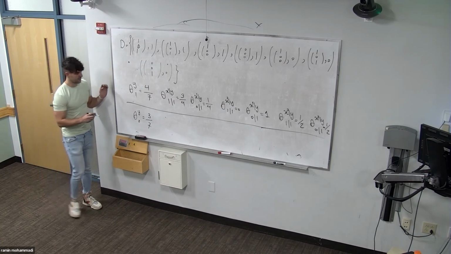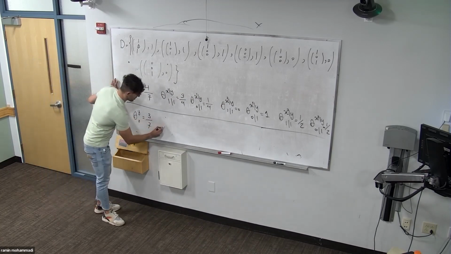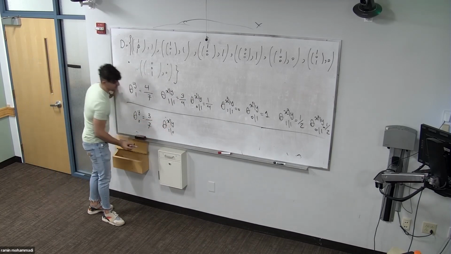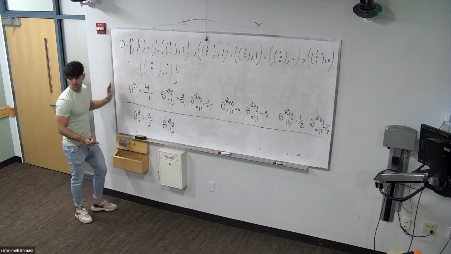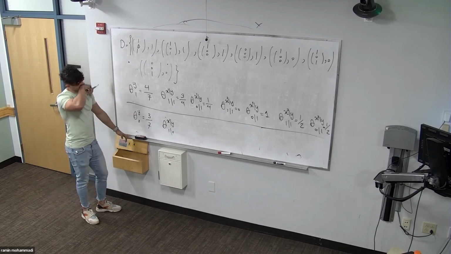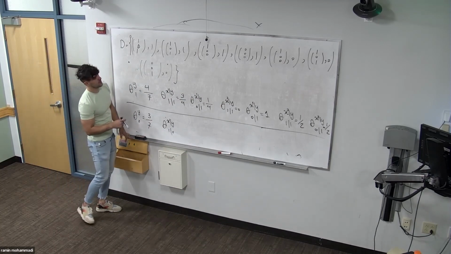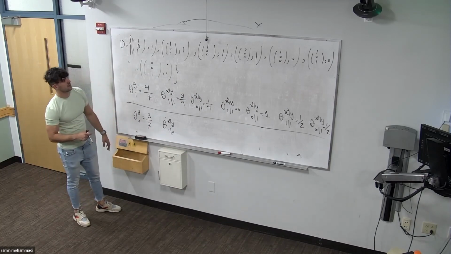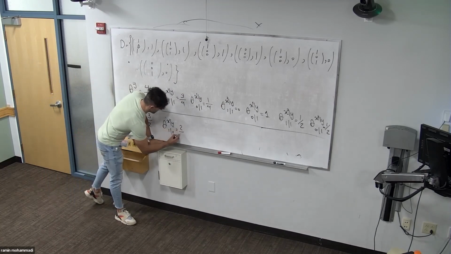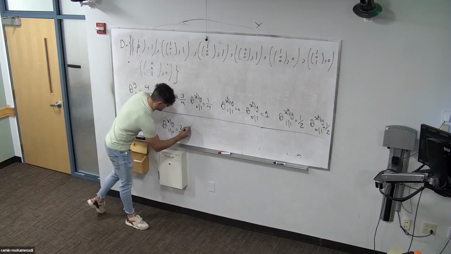Now, what's the probability of having 1 given class 0? 2 by 3, and the other one is 1 by 3.